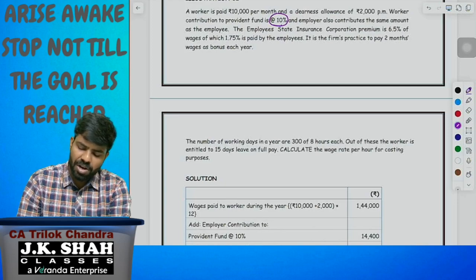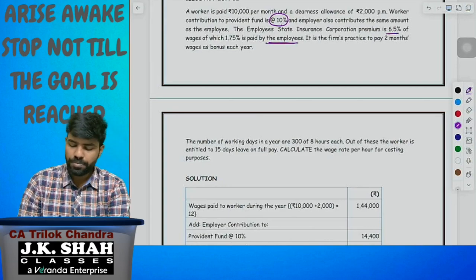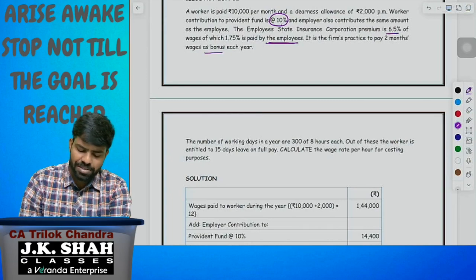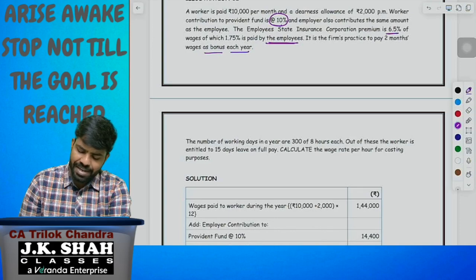Employee State Insurance Corporation premium is 6.5% of the wages, of which 1.75% is paid by the employee. It is the firm's practice to pay 2 months' wages as bonus for each year. Number of working days in a year are 300 of 8 hours each.